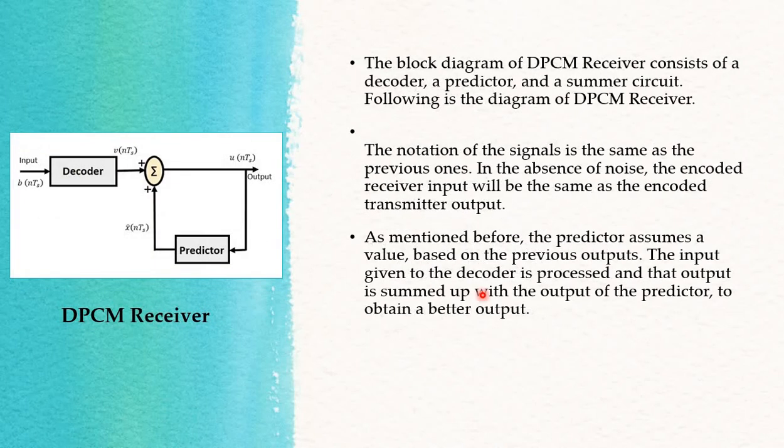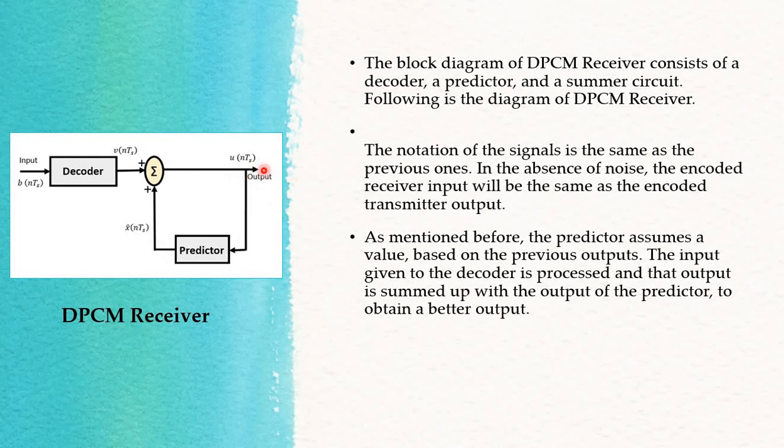Now the block diagram of a DPCM receiver. In the DPCM receiver we have a decoder whose job is to decode the signal and recover the quantized output back. This is given as input to the summer, and the second input to the summer is the predicted output from the predictor, which predicts the output based on the previous output.